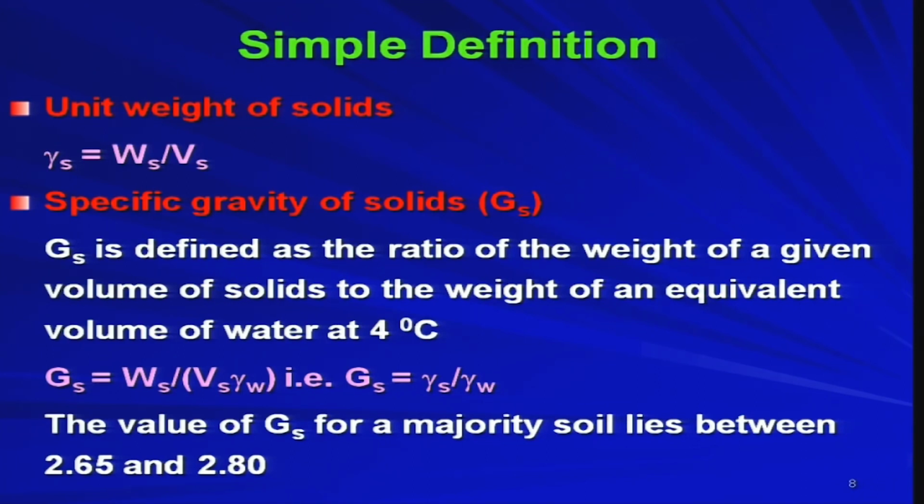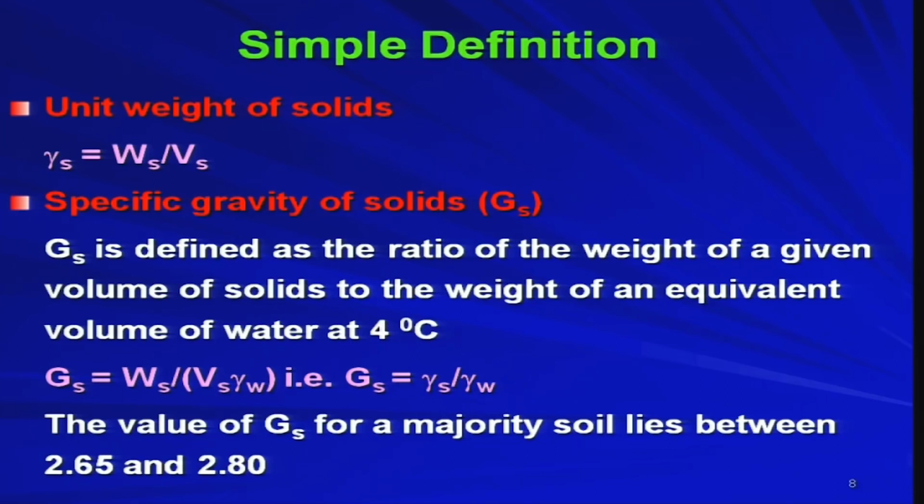If your water is at a different temperature, then of course you need to provide some correction. Otherwise, by and large we consider that Gs is equal to Ws by Vs into gamma W. That is, Gs is equal to gamma S by gamma W, where gamma S is the unit weight of solids and gamma W is the unit weight of water.